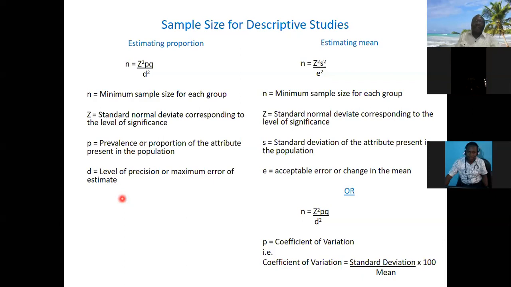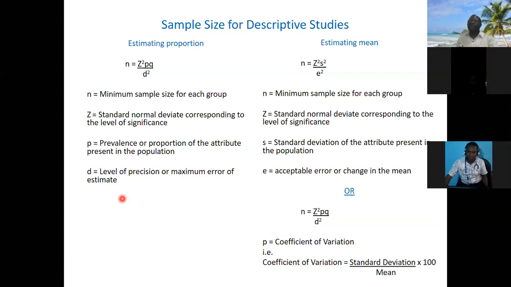If somebody chooses 5% and another person chooses 2%, the 2% person will not deviate from the parameter by more than 2%. It's more precise than 5%. So that is why it is a measure of precision, but the name that fits it most is maximum error of estimate. That is the error you don't want to go beyond.